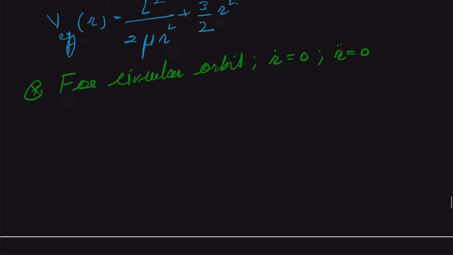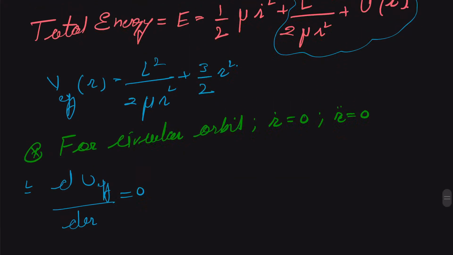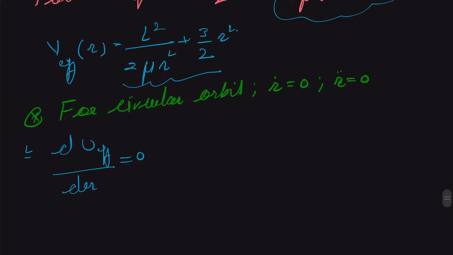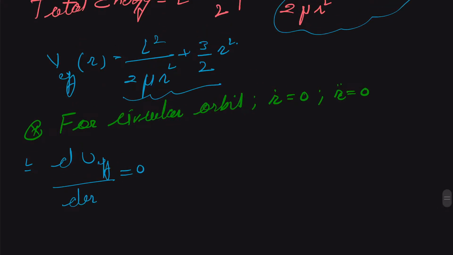Therefore, we can say that the derivative of V effective with respect to radial distance r will be equal to 0.